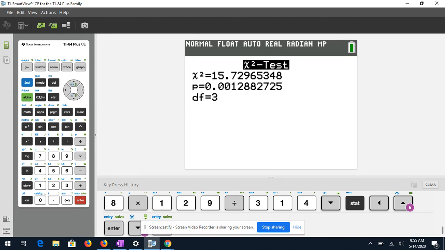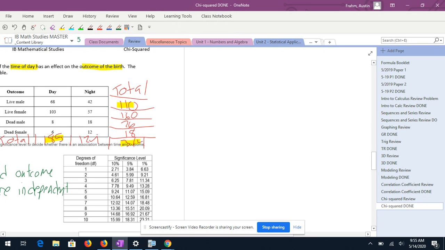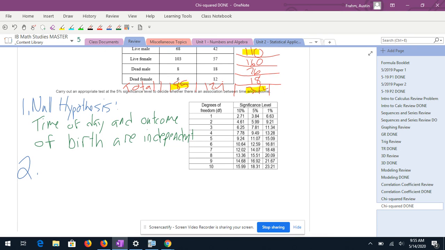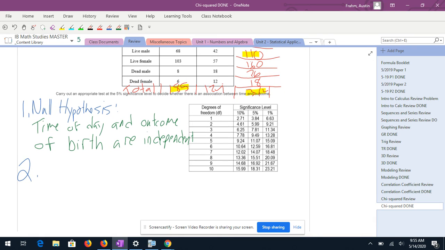Now, we could use either of those to conduct our test, the p-value or the chi-squared calculated value. If we think about our rejection inequalities, we would need the chi-squared critical value in order to use the chi-squared calculated value. That's what this given table is here with the degrees of freedom and the significance level.